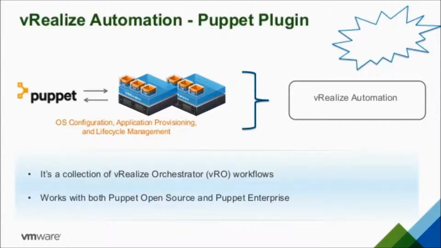vRealize Orchestrator is the engine that drives XaaS, but it can be leveraged in other ways too. In this video we will use 4 different Orchestrator workflows. One will be presented as an XaaS blueprint, and the remaining 3 are presented as workflow subscriptions.